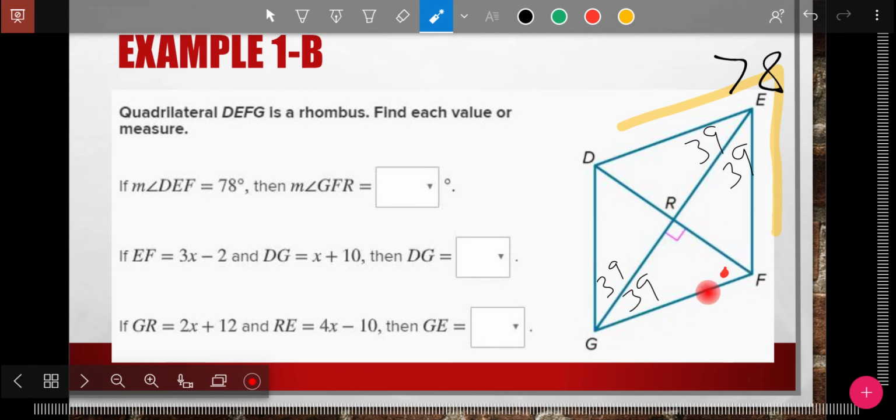So think to yourself first, what's 90 plus 39? 90 plus 39 is 129. The whole triangle is 180. So for the first one, I have to do 180 minus 129, and I get 51 degrees. Hopefully everybody's good with that one.